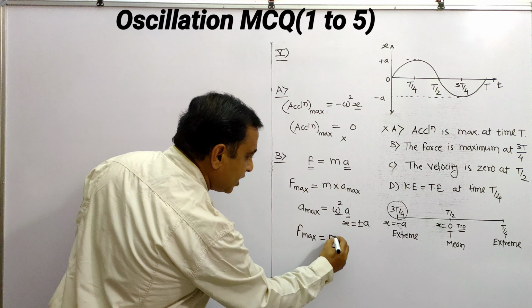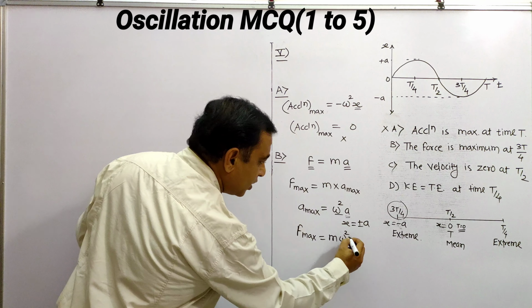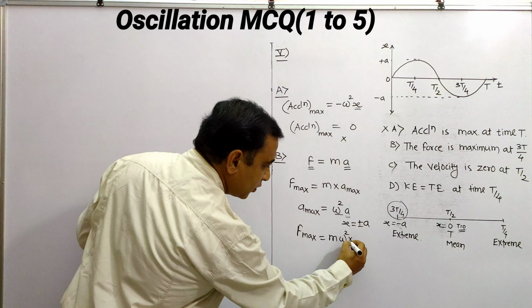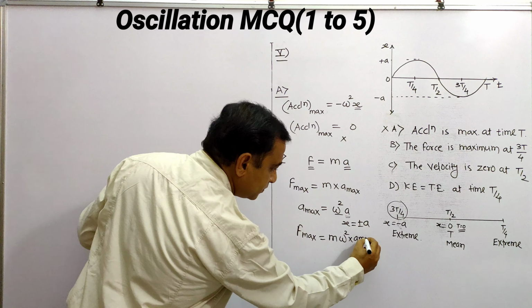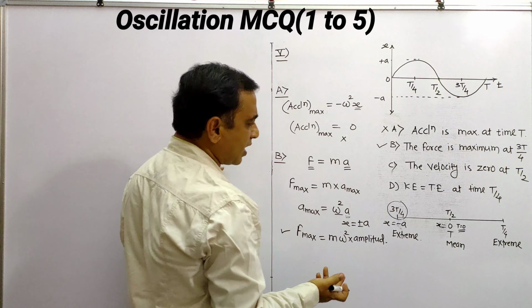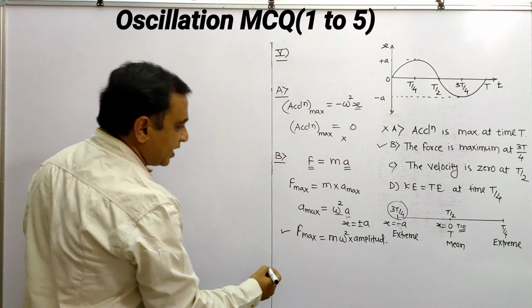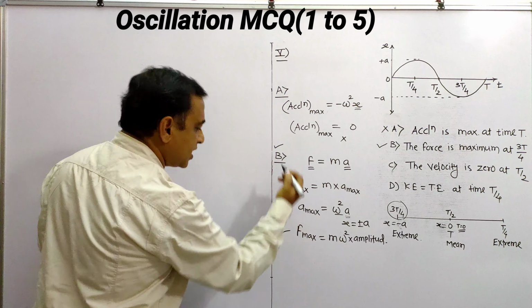So that is m into omega square into the amplitude, which is maximum. That means this statement is correct. Still we'll have to check whether C and D are also correct or wrong. Okay, so this B option is correct.